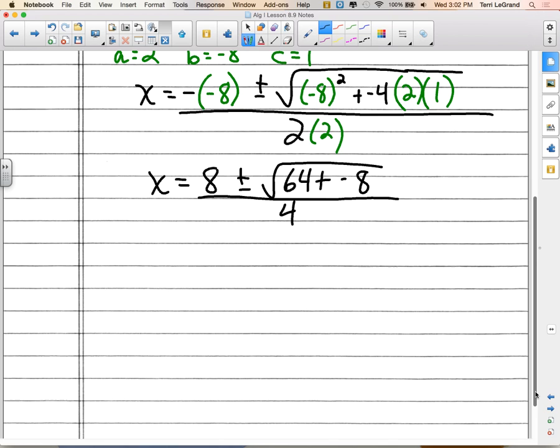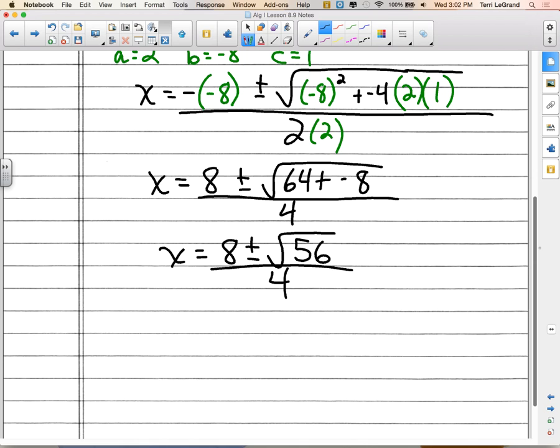Do you remember? We only do one thing. What is it, Maura? Do what's under the radical sign. Simplify the radicand, that's called. The 64 plus negative 8 is the radicand. So x equals 8 plus or minus the square root of what? 56. And that is over 4.